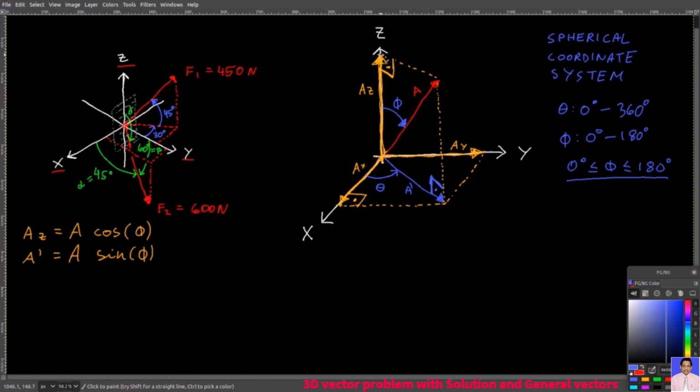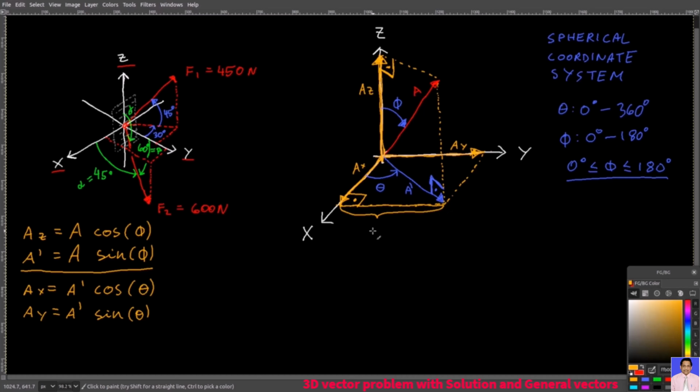A times sine phi will give you this distance, which is your A apostrophe. Then AX equals A apostrophe times cosine theta. Again, it makes sense because this is a right triangle. This is your A apostrophe times cosine theta will give you AX. And then AY, that's A apostrophe times sine theta. That would give you this distance here, which is your AY.